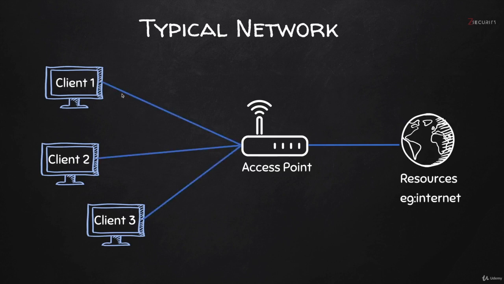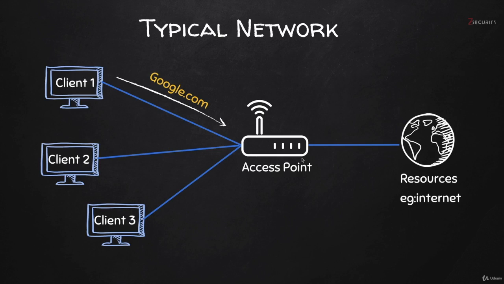Let's say, for example, you're client number 1 and you connected to your home network over Wi-Fi or over Ethernet, over a cable, and then you opened your browser and typed google.com. Your computer will send a request to the access point asking for google.com.